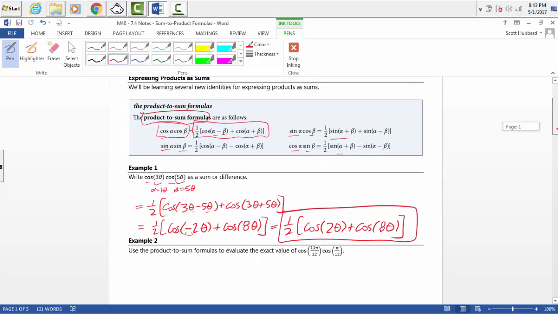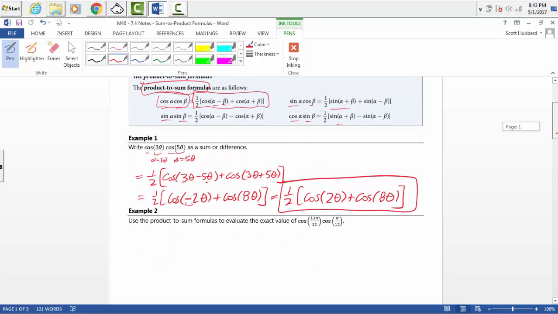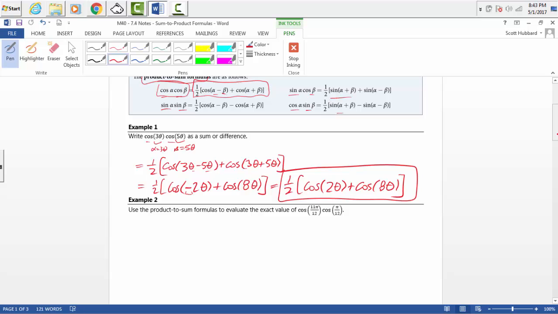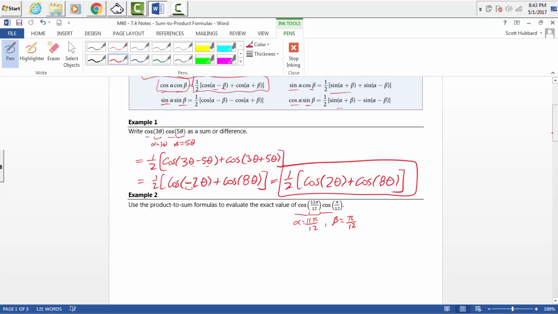That was just getting practice with it, but in reality we usually like to use it when we have non-standard angles. I have a cosine times a cosine here, so let's call this alpha. Alpha is 11 pi over 12, and beta is pi over 12. Then we just apply the formula.